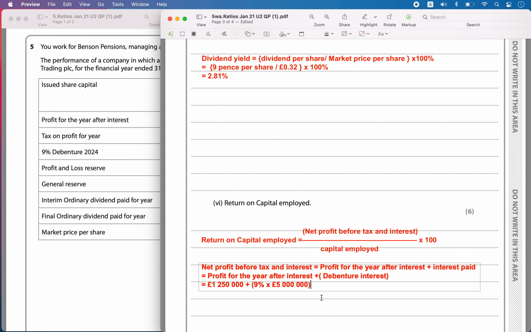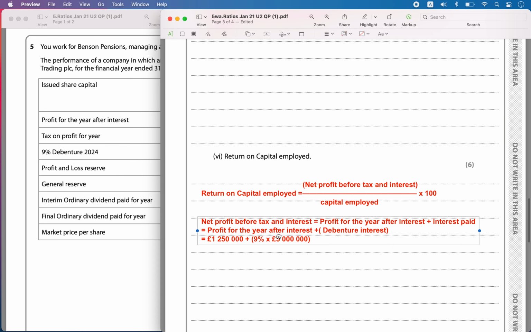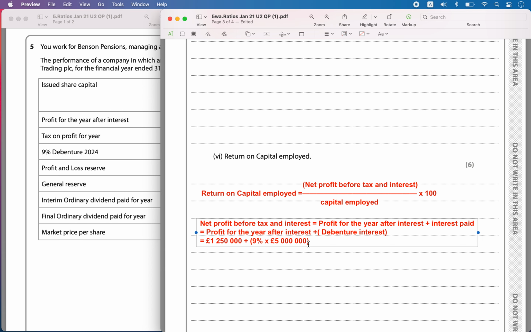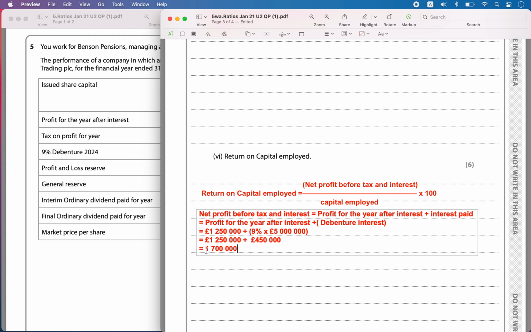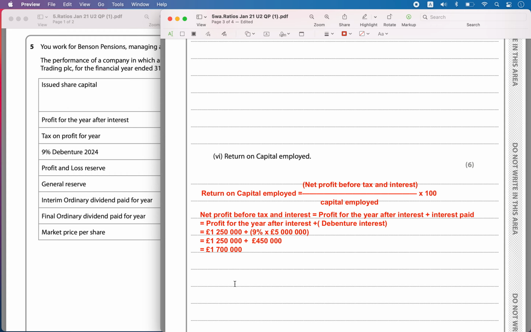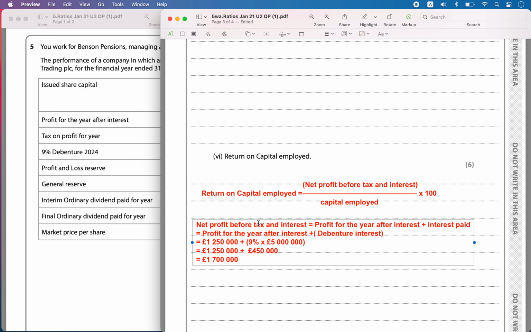So the debenture value was 5 million pounds. So 1,250,000 plus 9% of 5 million. So that is going to be equal to 700,000 pounds. Okay, this was the net profit even before paying the interest and tax.